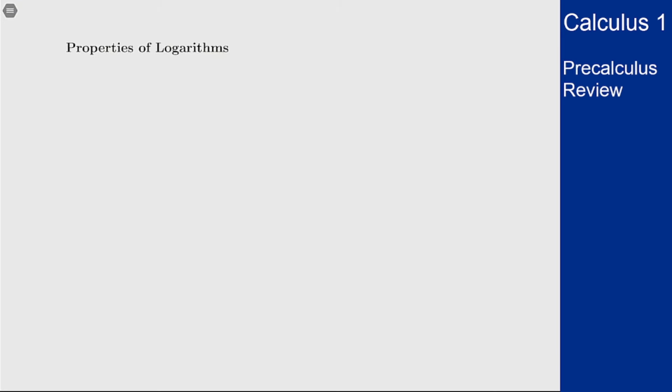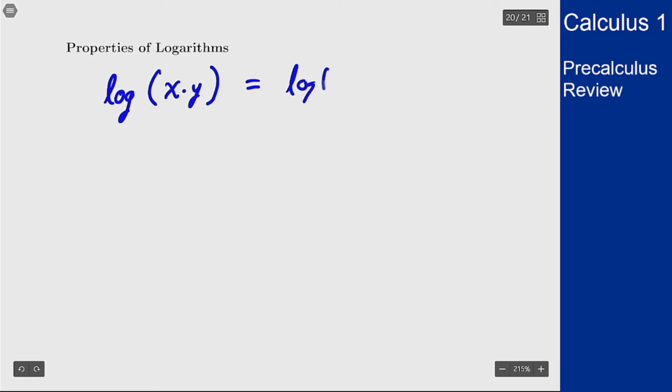So what sort of properties do logarithms have? Mostly based on the fact that they are the inverse to the exponential function. So the big ones are things like multiplication. So if I have log, and I'll just write log here, but it applies to any base that I want to use. Log of, say, x times y. This is log of x plus log of y.